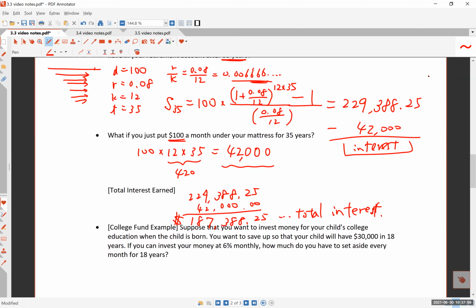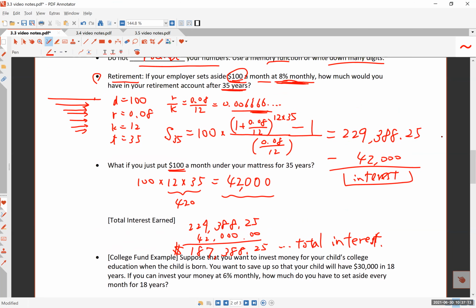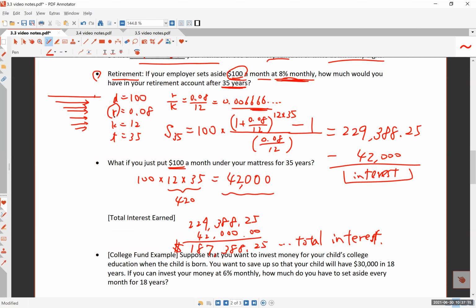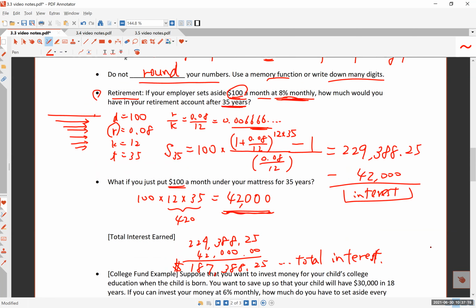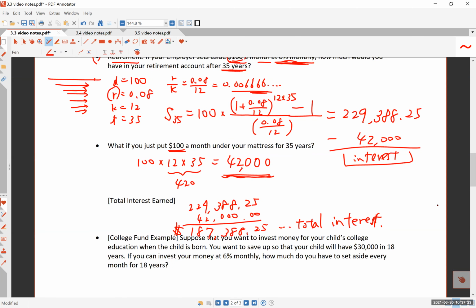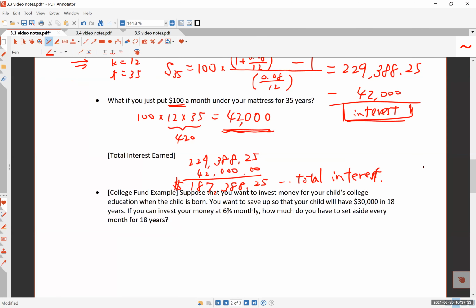And so what happens to the stock market pretty much dictates the rate of return, this R. And so that's why people are paying attention to the retirement.